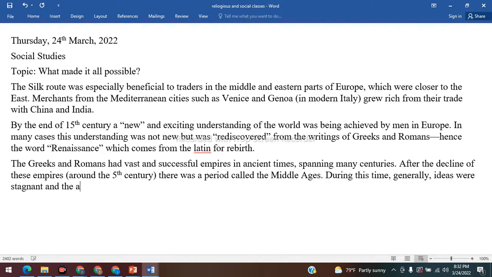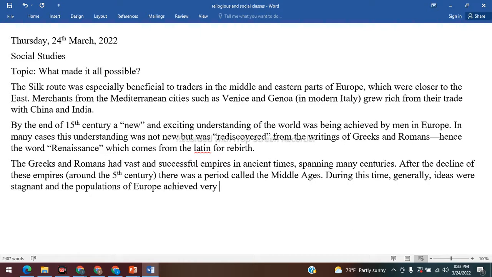No. Stagnant means something that is in one place or progressing slowly. So during the Middle Ages, knowledge, ideas and inventions were progressing slowly.